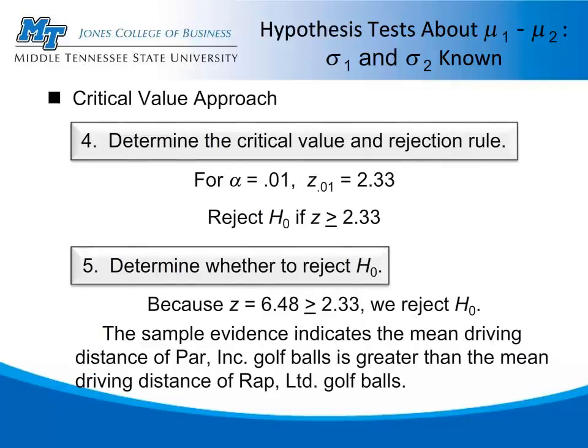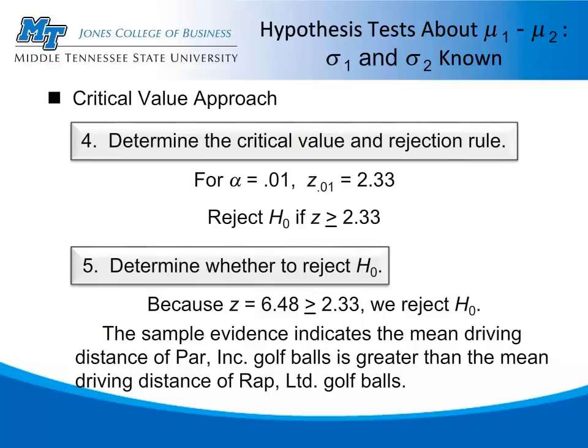Now if we use the critical value approach, we're going to take our level of significance, our 0.01. This is an upper tail test. We're trying to show that mu1 minus mu2 is greater than 0. And you take that 0.01 and you put it in the upper tail. That means that 0.99 is smaller.